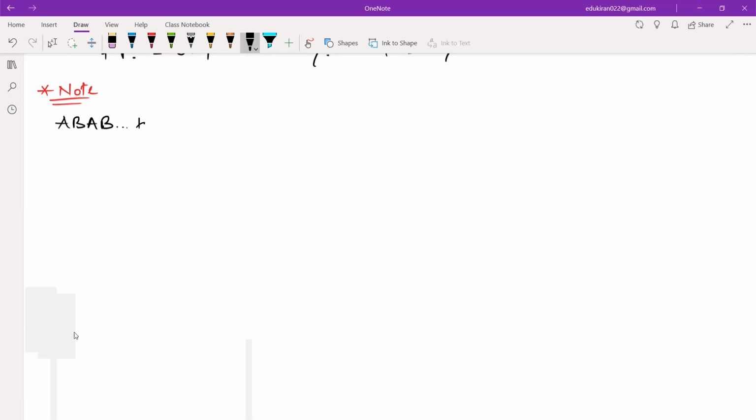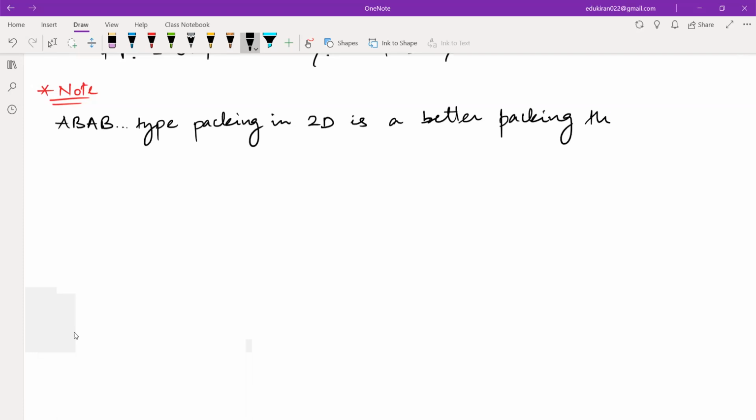AB type packing in 2D is a better packing than AAA type.